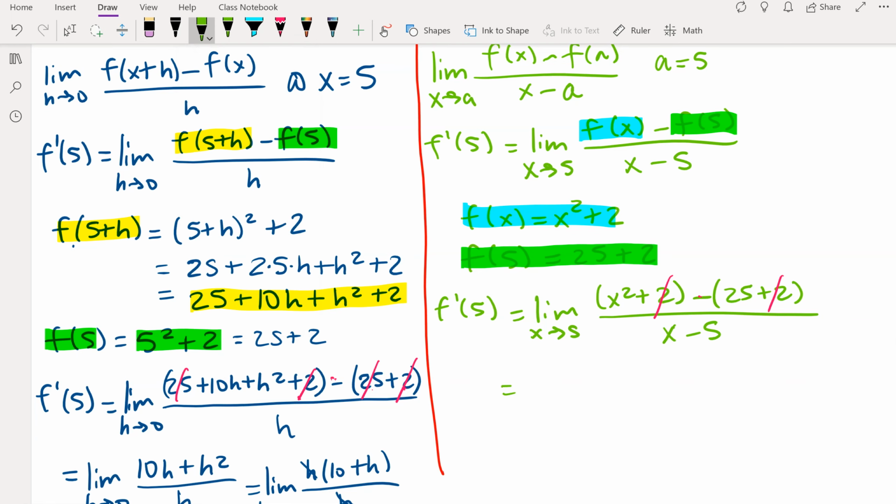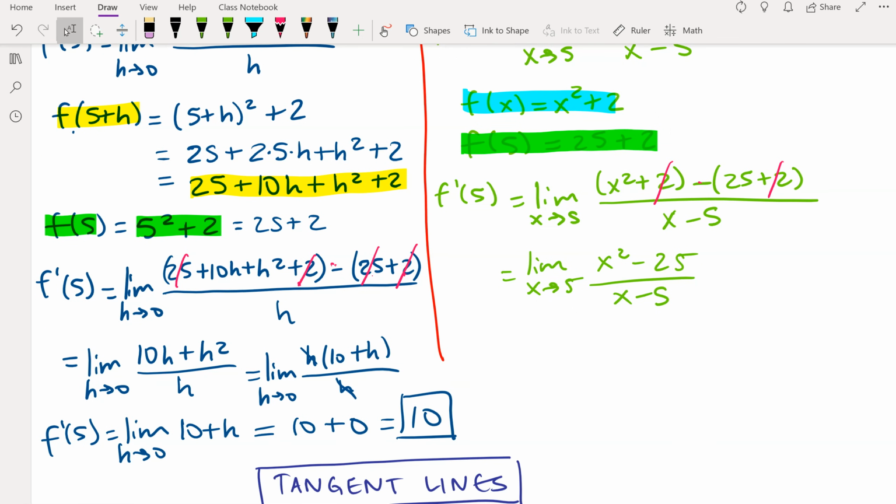So it equals the limit as x approaches 5 of x squared minus 25 over x minus 5. If I substituted 5 right now, I would have a problem. I would be dividing by 0. So the good news is we can factor the top.